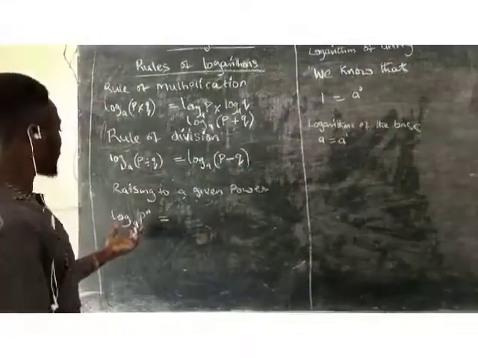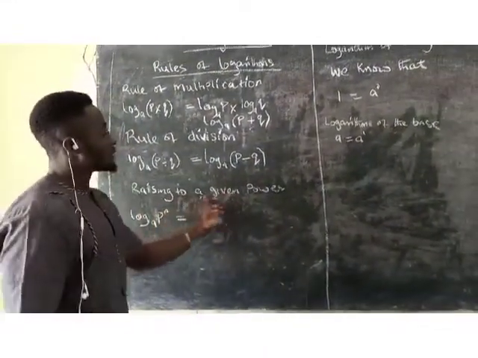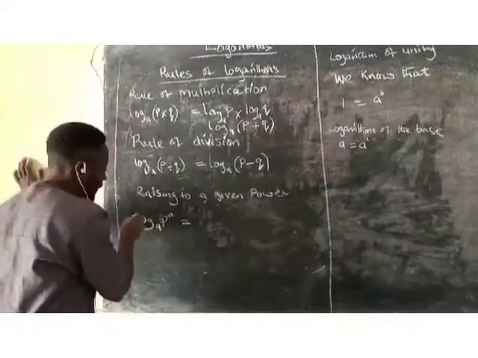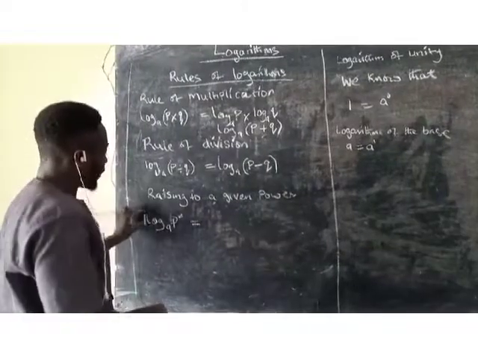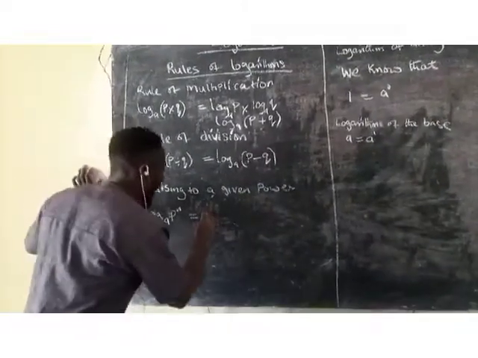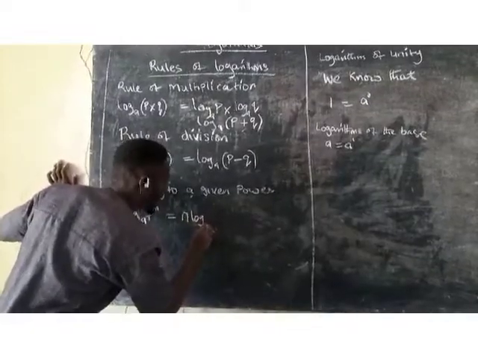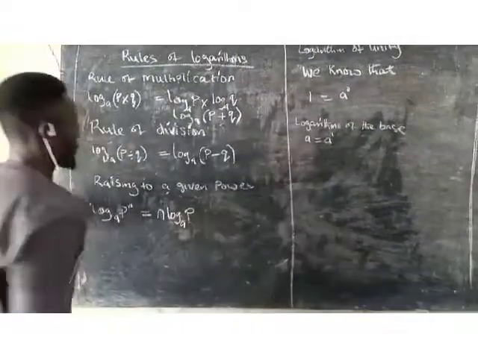And when we have raising to a given power, we multiply the power by the coefficient of the log, and we have n log base a of p.